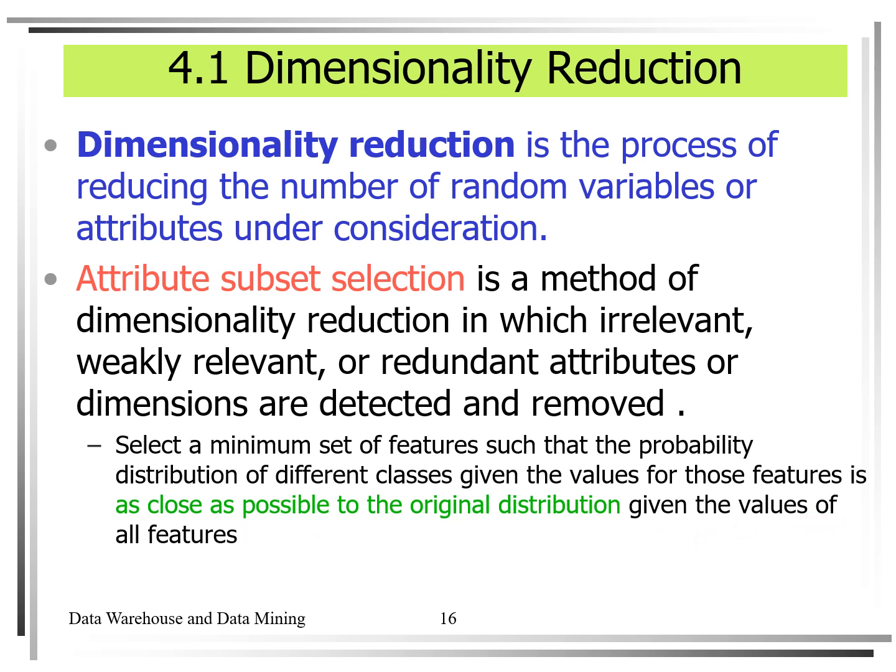So we want the minimum set of features that, when we use them, gives the same or the closest distribution of classes, as if we were using all features. Classes means different types of objects in the data set.